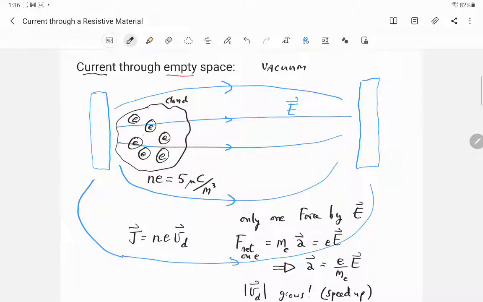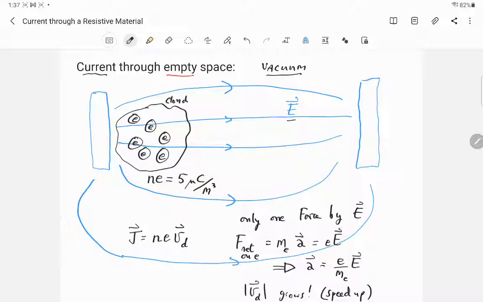Of course, they're going to repel each other if they're all the same sign of charge. But I'd like you to consider what happens to each of the charges, not because of their mutual repulsion, but because they're in a background, in the vacuum, with an electric field. So I've drawn these electric field lines.